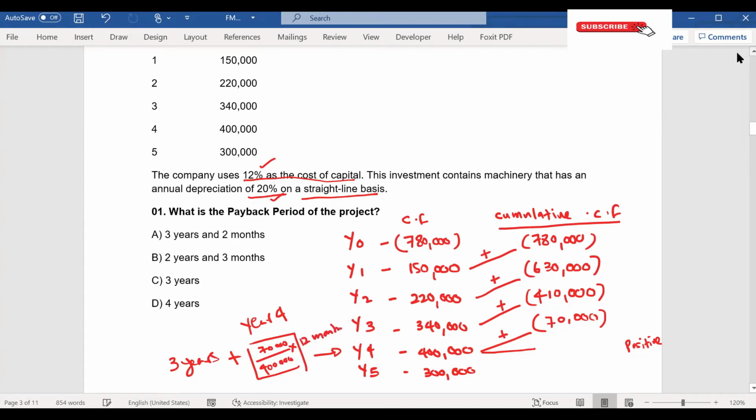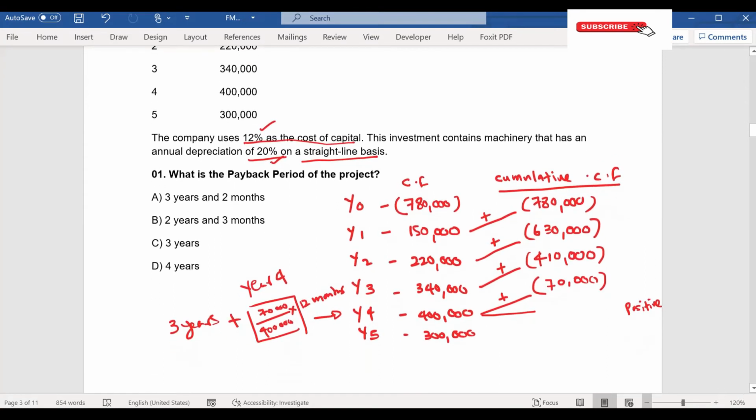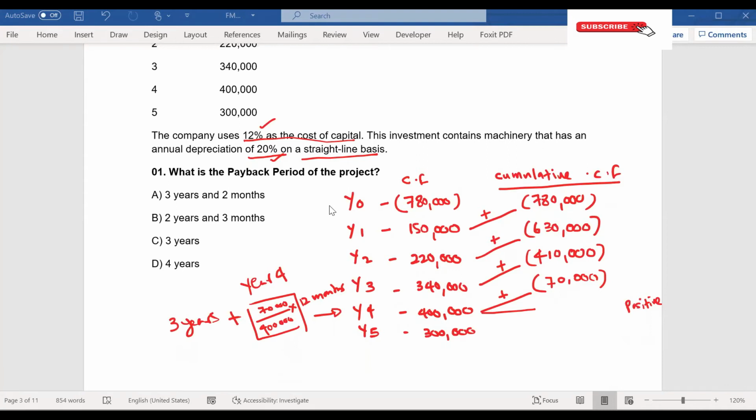So that will give you the number of months. So let's calculate that. This 70,000 divided by 400,000 is equal to 0.175 times 12 months. We need it in months.